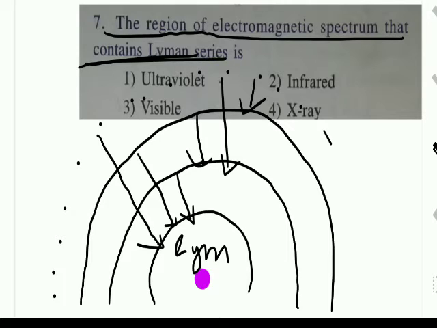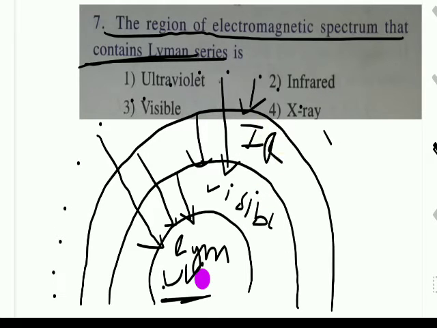When electrons jump from a higher orbit to the first orbit, the Lyman series contains ultraviolet rays, UV rays. So our option is ultraviolet, nothing but the first one is the right answer.